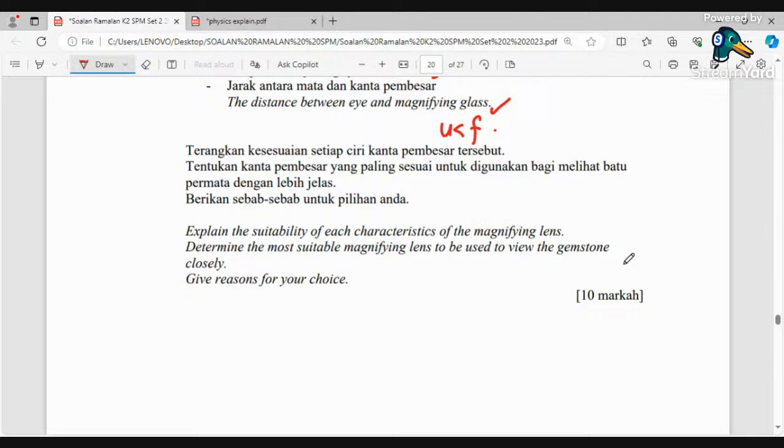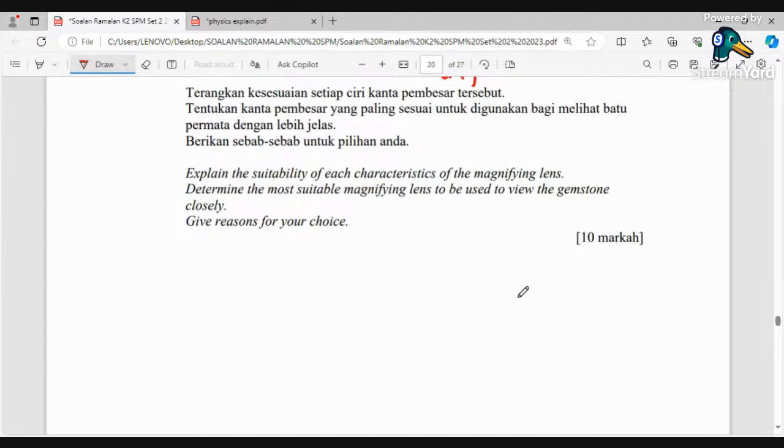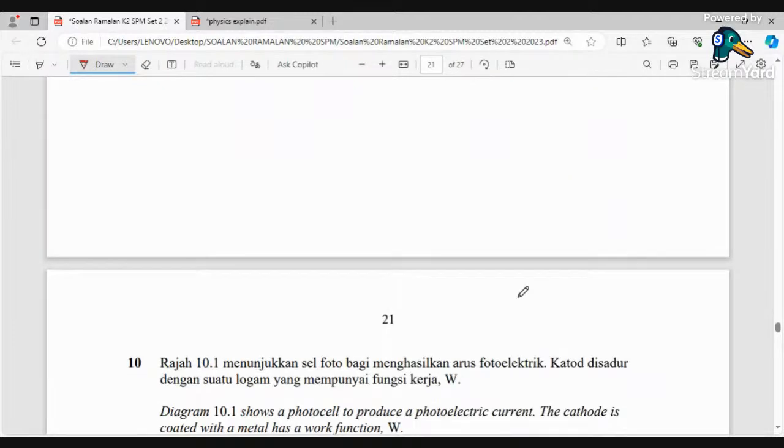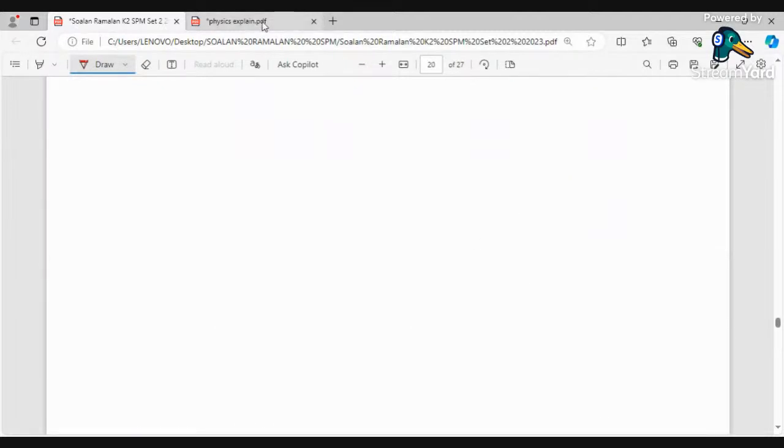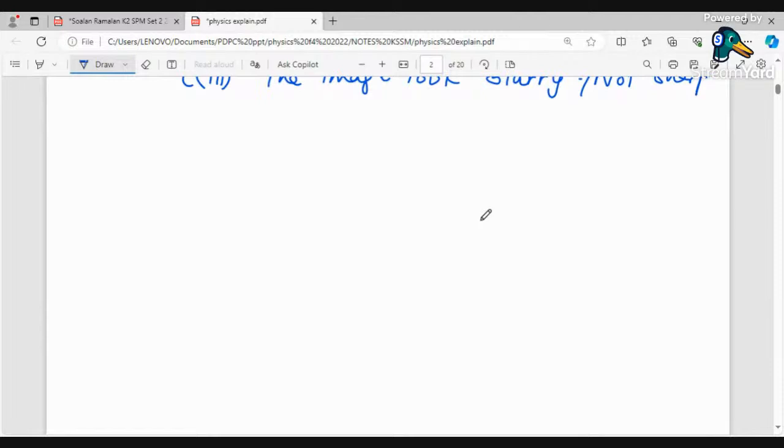Maksudnya kita nak dia very clear view and very sharp image produced, so give reason of your choice 10 marks. Okay, 10 markah. Okay, ini macam biasa you boleh buat table. Okay, boleh buat 3 kolom untuk table.